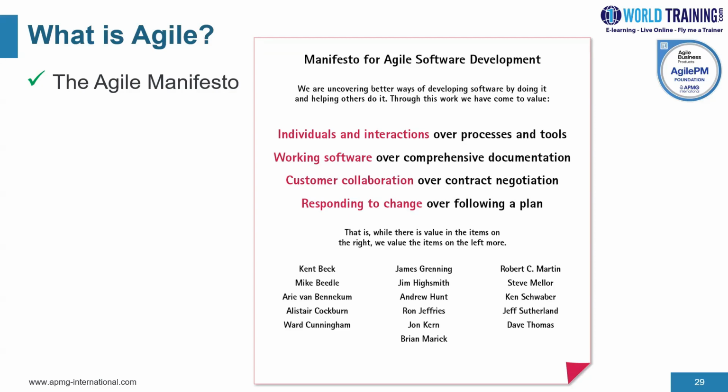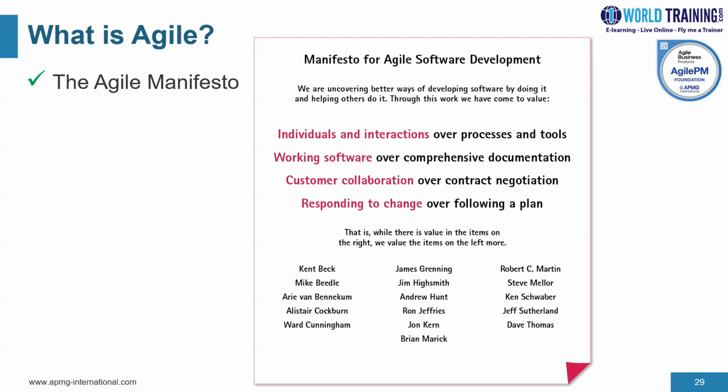The third value statement is customer collaboration has greater value over contract negotiation. Typically, in waterfall approaches in traditional projects, there's a greater emphasis on making sure that we comply with the contract, with not much leeway and a lot of rigidity, but agile environments are more collaborative.